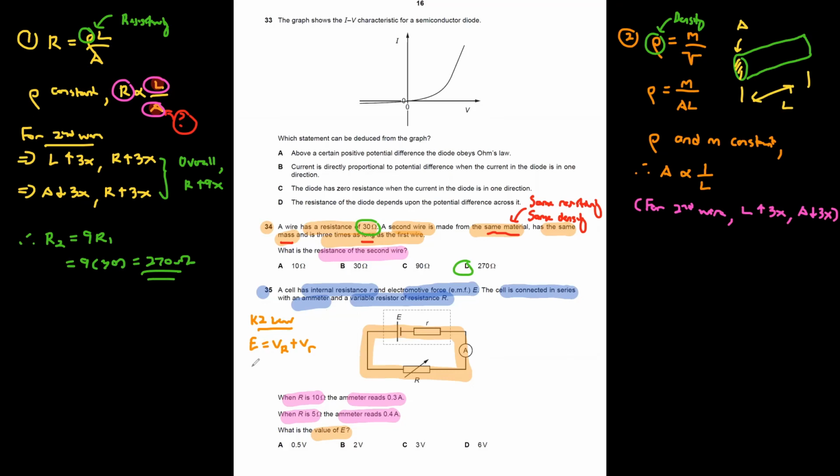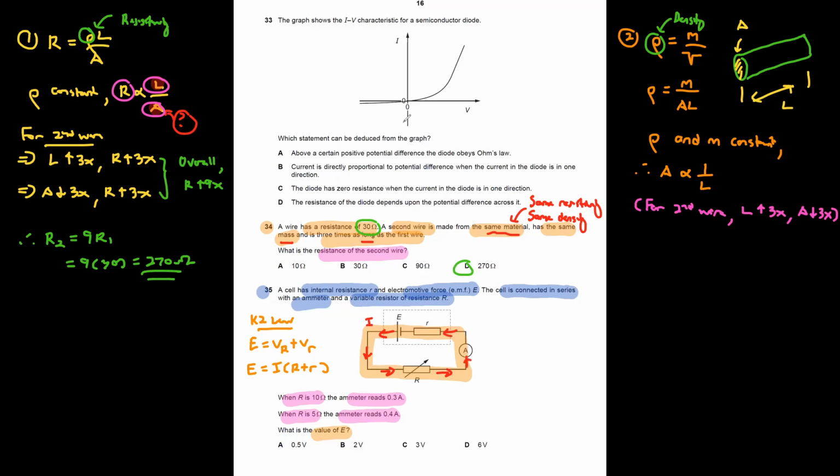From there, you can then further expand this to become I times big R plus small r. Okay, you are going to have the same current flowing throughout the entire circuit because your components are all connected in series here. All right.